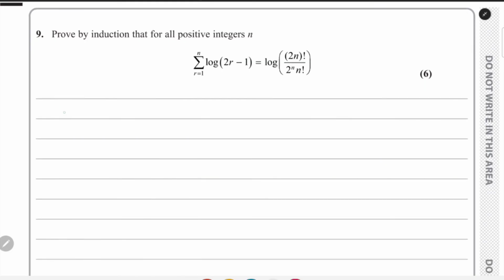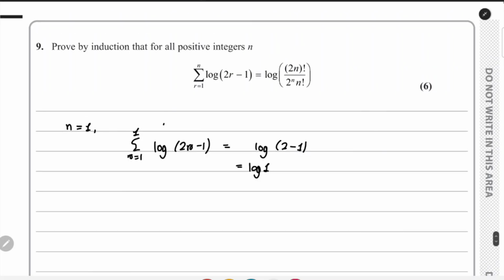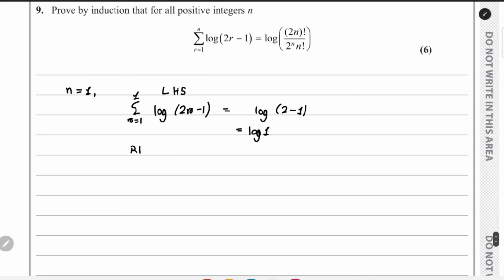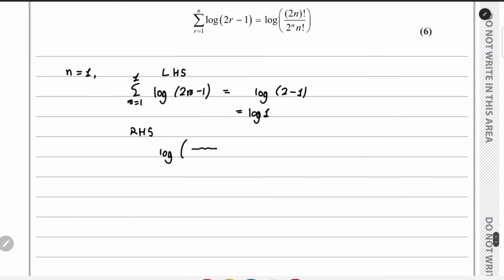For this we'll have to consider n equals to 1 at first. So for when n equals to 1, the summation of r equals to 1 to 1 of log 2r minus 1 will be log 2 times 1 minus 1, which is log 1. This is the left hand side, and the right hand side when n is 1 would be log 2n is 2, so 2 factorial divided by 2 to the power 1 times 1 factorial.